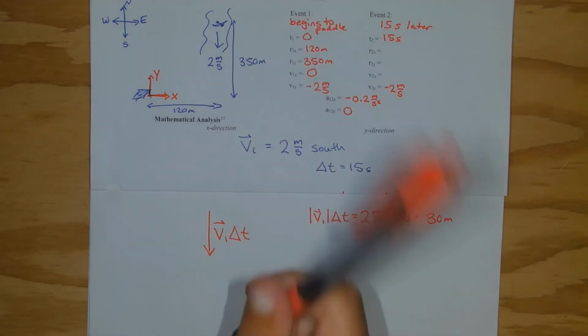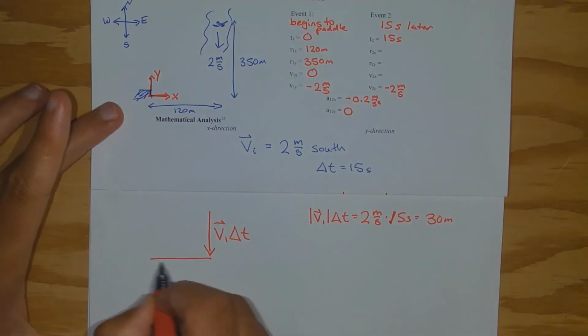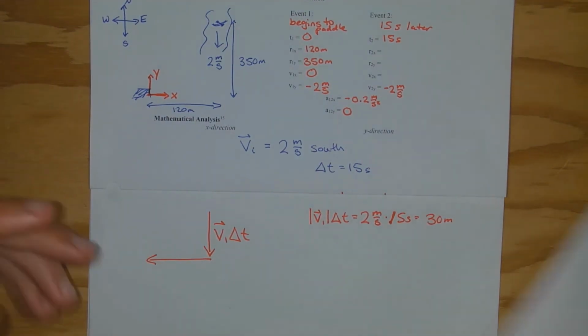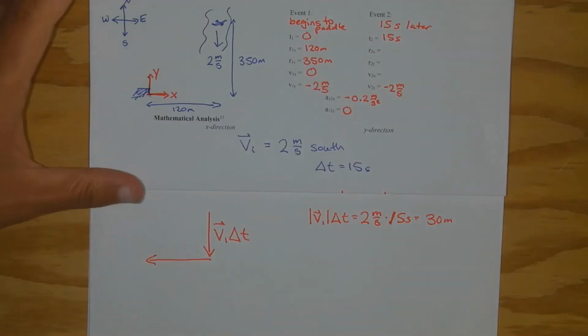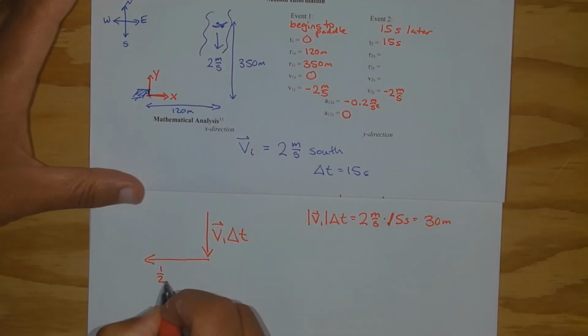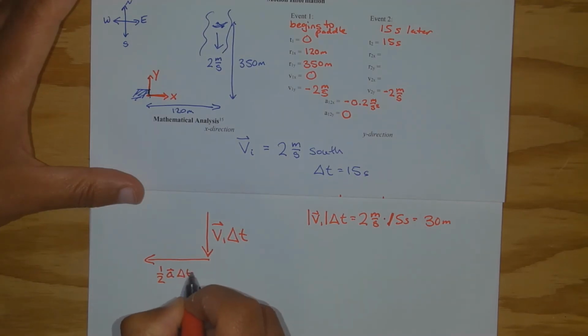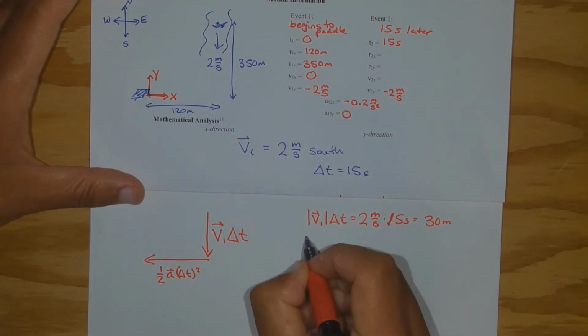The acceleration is to the west. So my acceleration is pointing this way. And for the acceleration vector, I have to multiply it by 1/2 and delta t squared. So this is 1/2 times the acceleration times delta t squared.